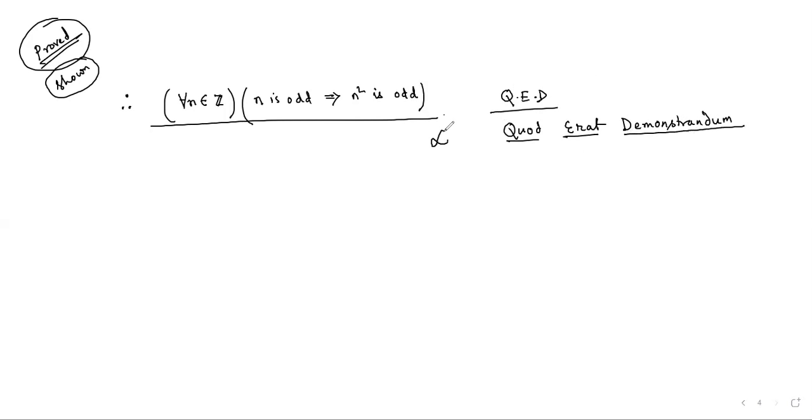This is a Latin phrase which means which was to be demonstrated. So whenever we finish a proof, we write QED because in the mathematical community, this is universally accepted. So whenever you write QED, you are telling people that you have completed your proof.